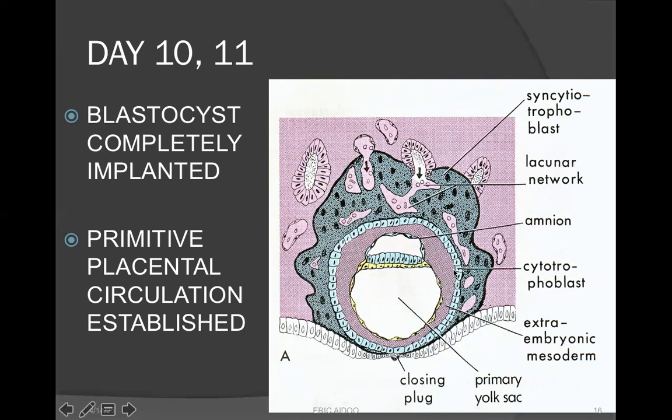Before, the cytotrophoblast was in contact with the exocoelomic membrane or the yolk sac, but now there's a solid feature, what we will call the extraembryonic mesoderm. Extraembryonic mesoderm fills in between the yolk sac and then the cytotrophoblast.